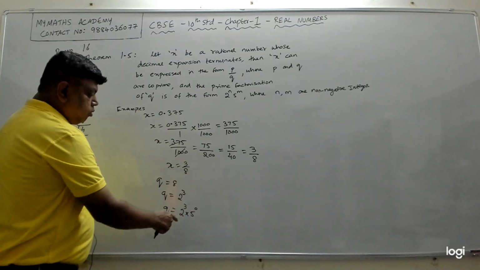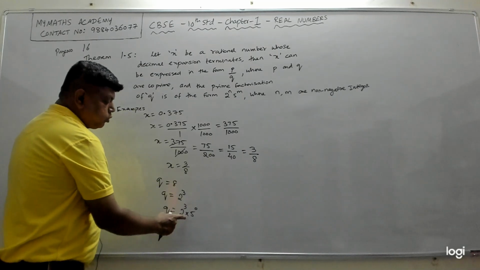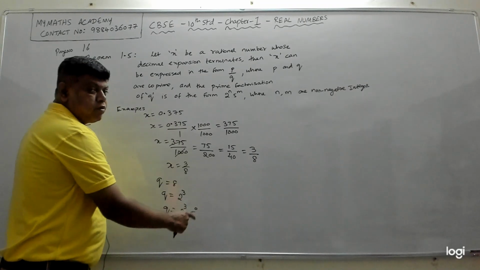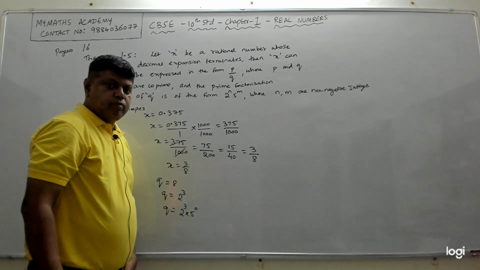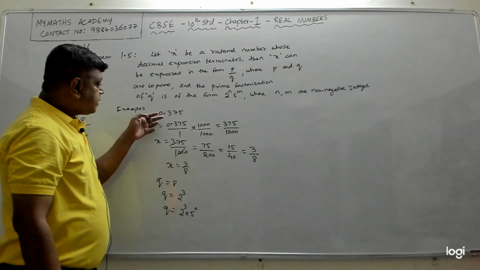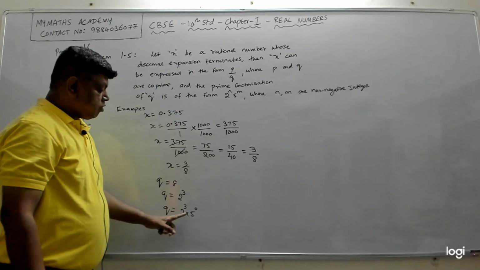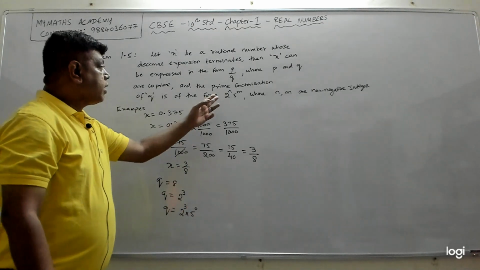So q is in the form of 2 power 3 into 5 power 0. If there is no 5, we can put it as 5 power 0. So whenever x has a terminating decimal expansion, you can write the denominator in the form of 2 power m into 5 power n.